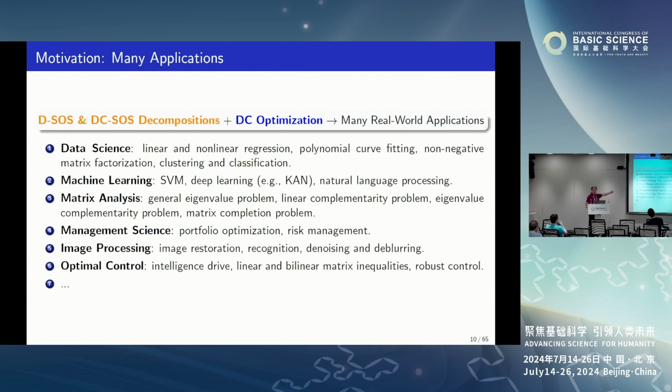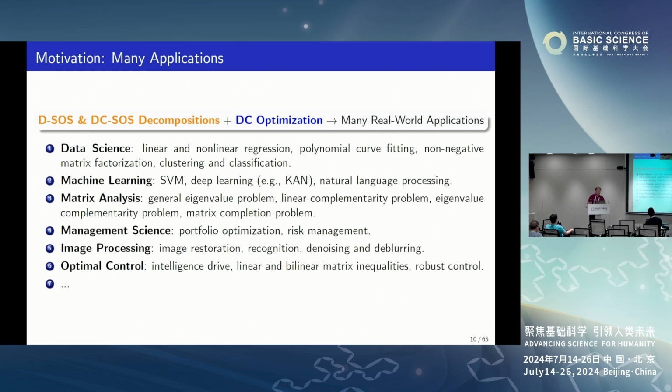For example, recently we have the KAN neural network, the Kolmogorov-Arnold neural network, which is based on splines and polynomials. We can use our decomposition to explore the special structure of this KAN network, and we can do something better. Also matrix analysis, signal processing, image processing, optimal control, and many others.